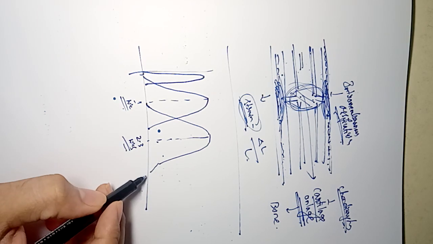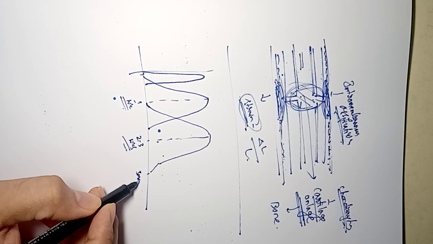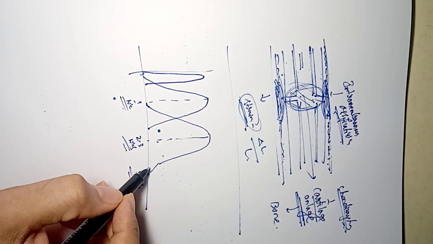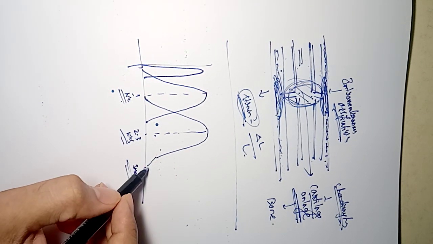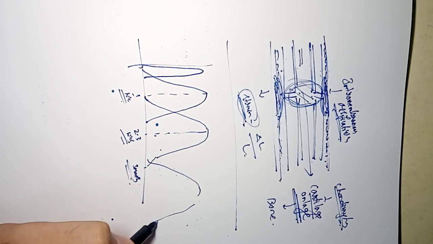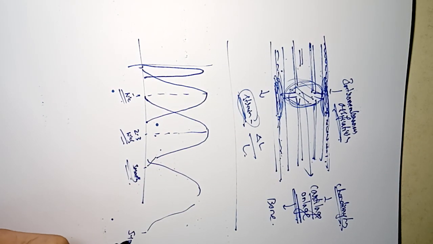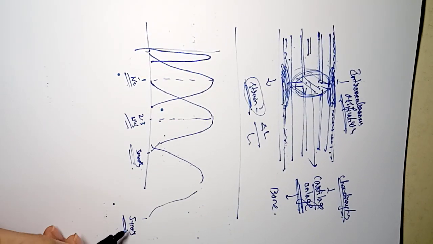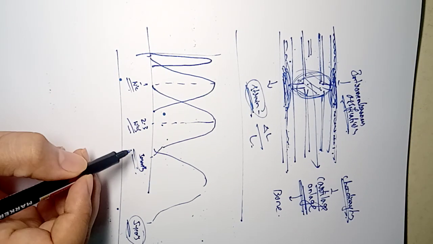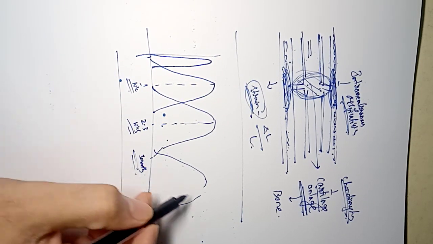This may take around 3 months, and by 3 months or so the process of remodeling starts, which may take around 5 years. So this is a continuum.